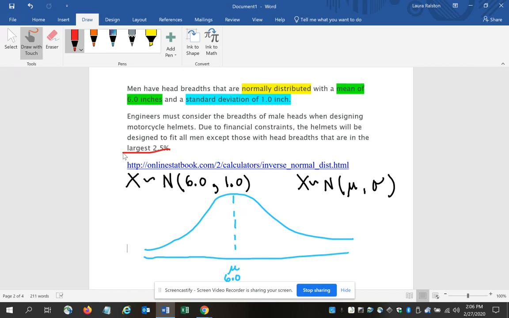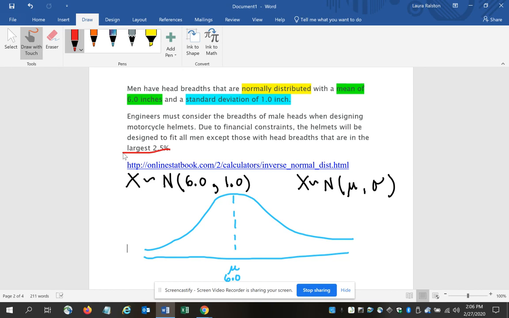I start out knowing the percentage or the proportion or the probability of a particular event, and I want to know what condition is going to match or fit with that particular proportion or percentage.